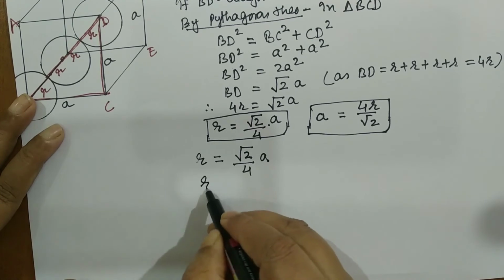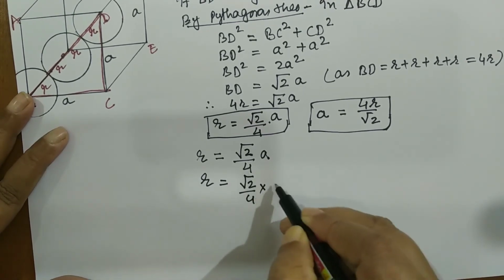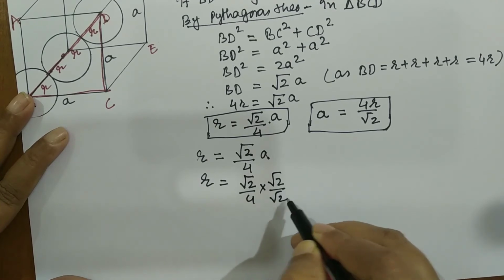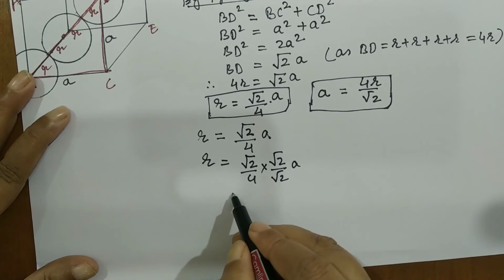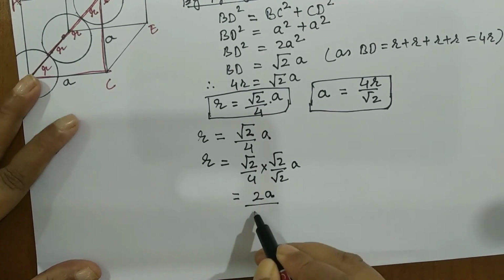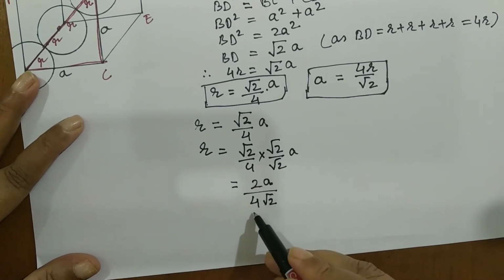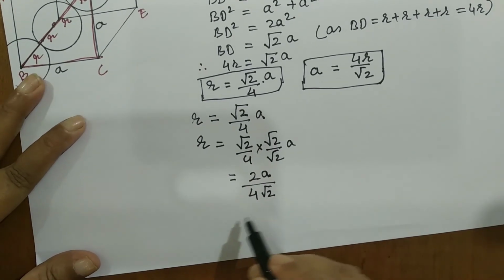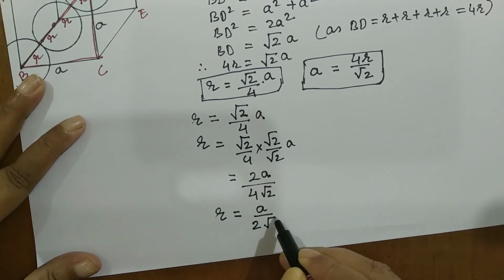So R is equal to root 2 by 4 into root 2 by root 2 A. So if I simplify this, what I will get, student, is 2A upon 4 root 2. So if I cancel this, 1 upon 2 I will get. So R is equal to A upon 2 root 2.